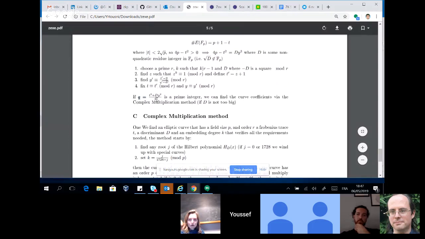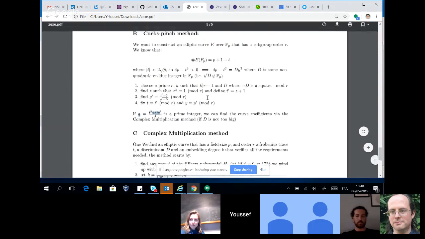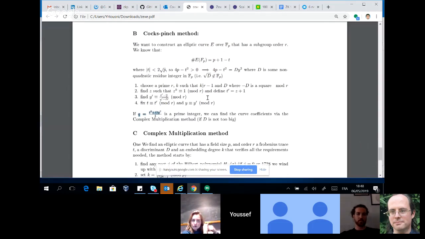I wanted to emphasize this to explain that you will have a twice as large bit size. But another thing is the complex multiplication method, because in the Cox-Pinch method or in any other pairing-friendly construction, at the end of your method, you will just prove that there is an elliptic curve that has a subgroup of order R, that has a prime field size P, that has a Frobenius trace T, that has a complex multiplication discriminant D, and all those integers.